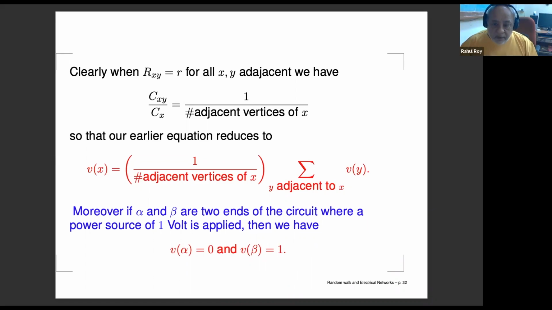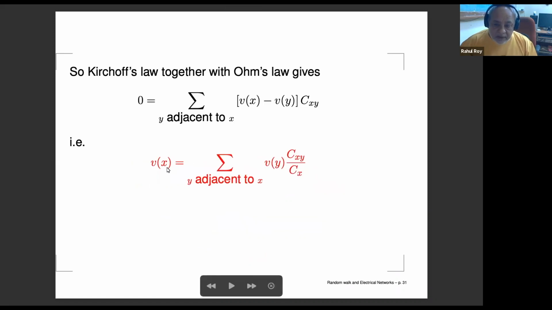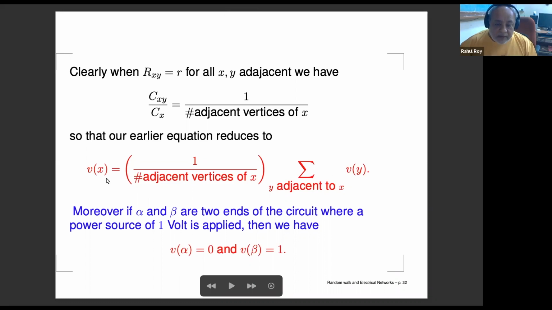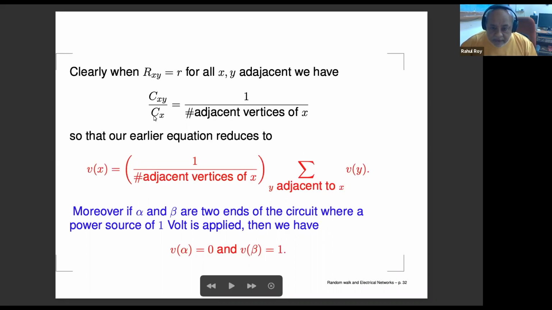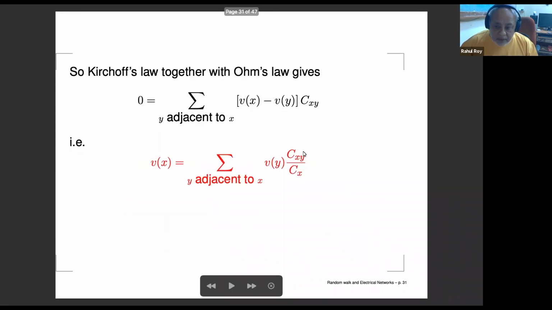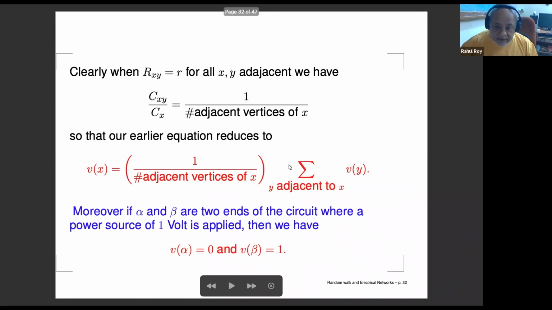Therefore, if I look at the earlier equation, Vx equal to this sum, we can rewrite it as Vx equals 1 over the number of adjacent vertices of x multiplied by the sum over y, adjacent vertices, of Vy.